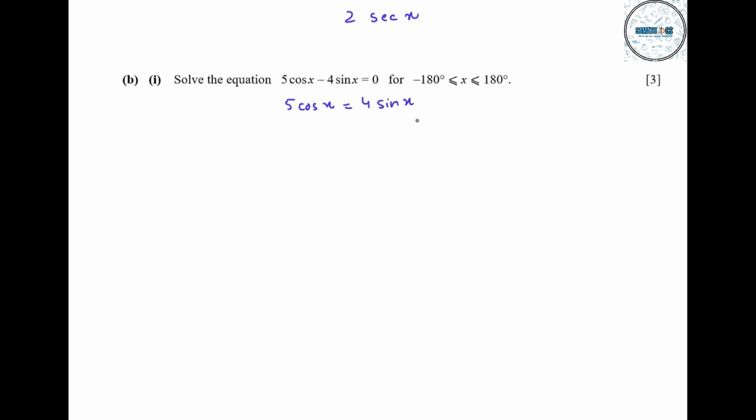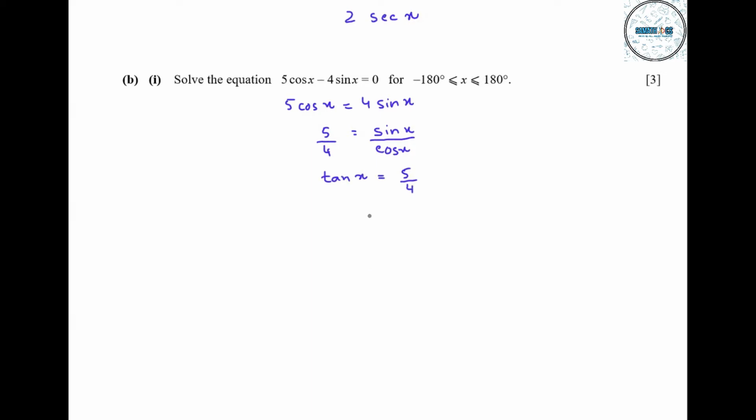Now we can take cos x to the denominator of sin x, and we can take this 4 to the denominator of 5. So we have tan x is equal to 5 upon 4.